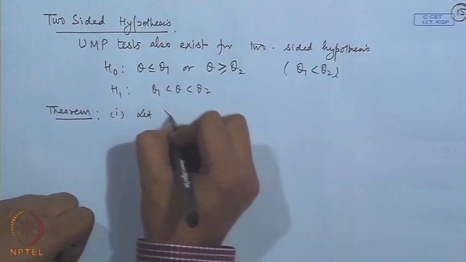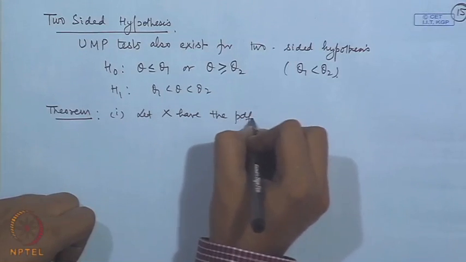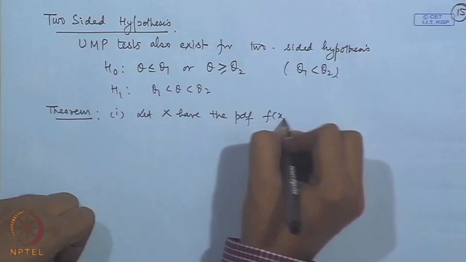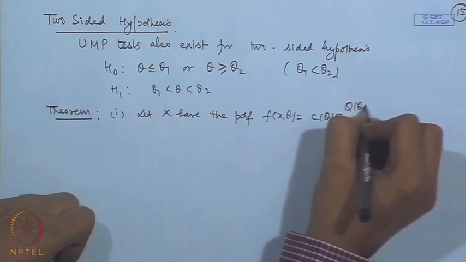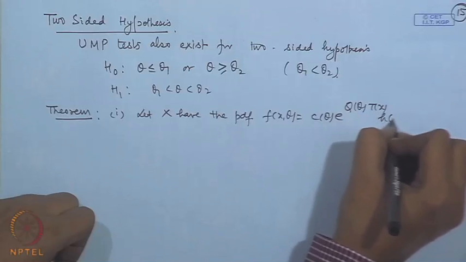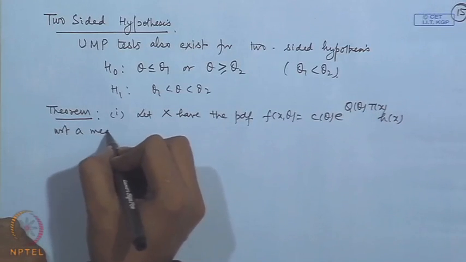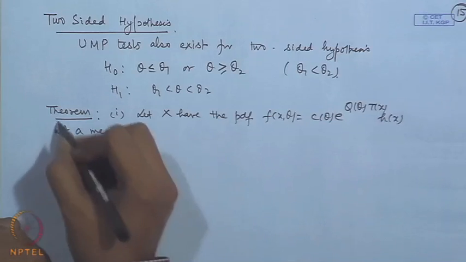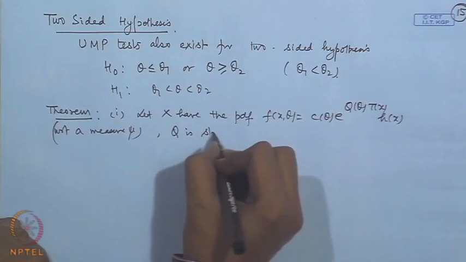Let X have the probability density function with respect to a measure mu, and Q is strictly monotone.